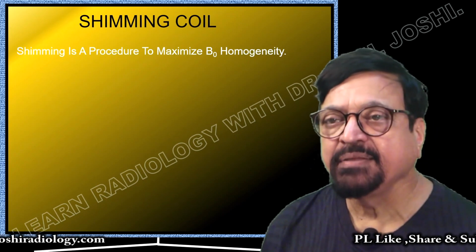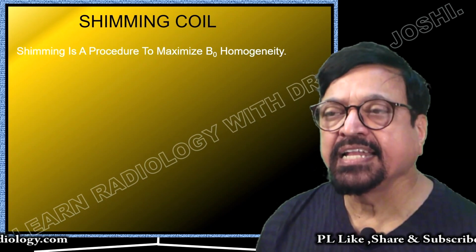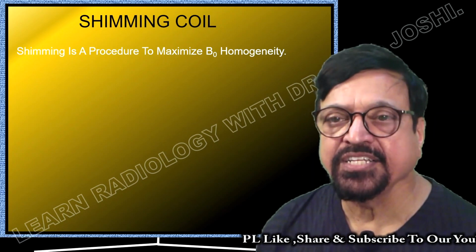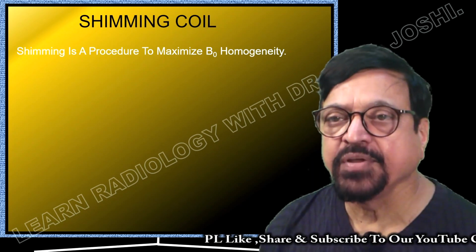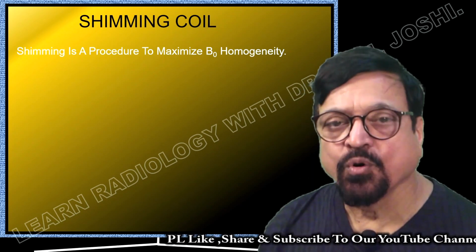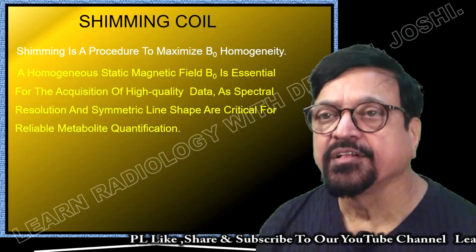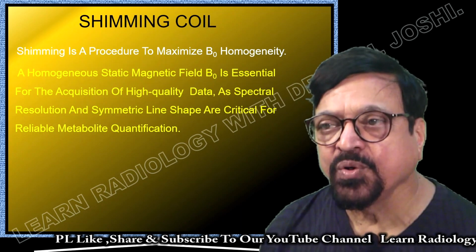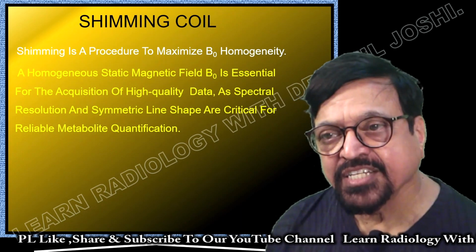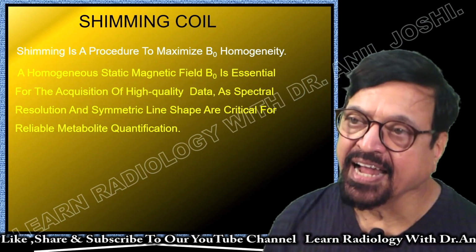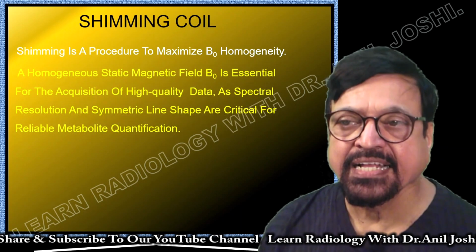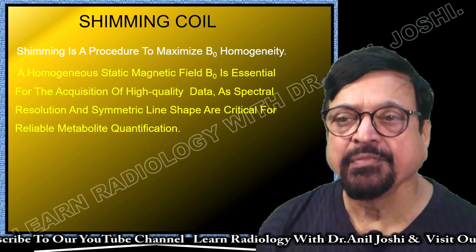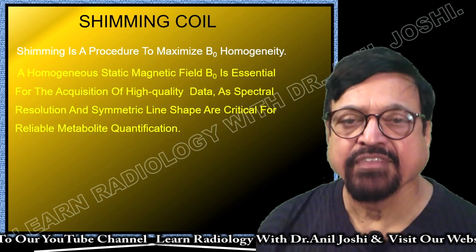Shimming coil. Shimming is a procedure to maintain B0 homogeneity. Technically the word shimming means chiseling in engineering, but here we are using it to make the coil's magnetic field homogeneous. The homogeneous static magnetic field B0 is essential for acquisition of high quality data, and spatial resolution and symmetrical line shape are critical for reliable metabolite quantification.